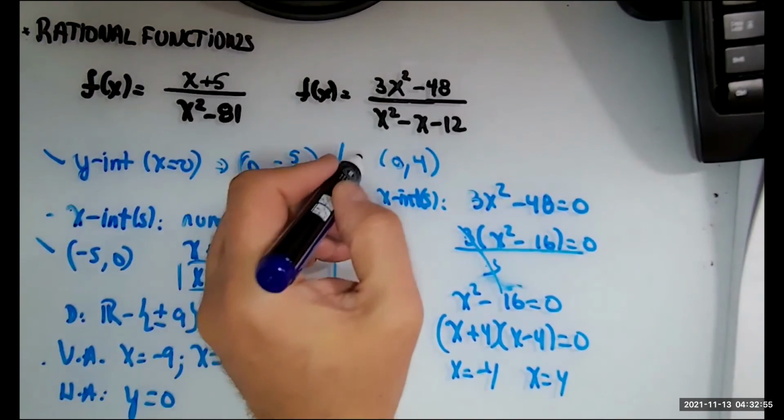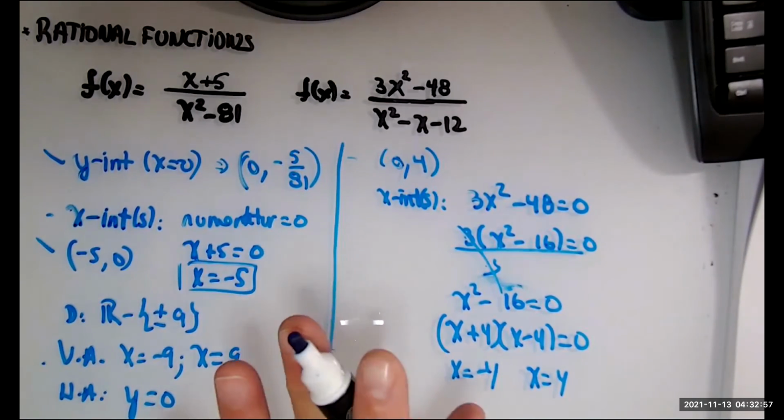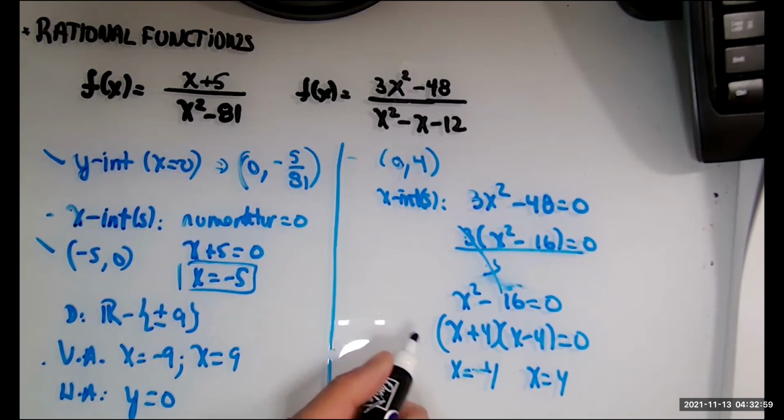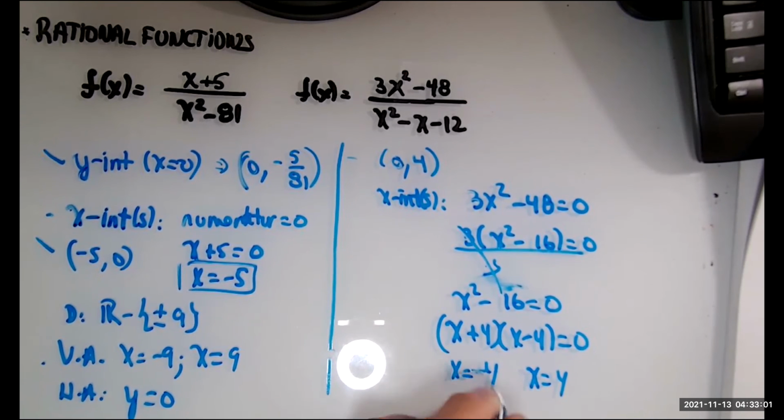Okay, so for now, the y-intercept will be 0, 4, and my x-intercepts will be -4, 0 and 4, 0.